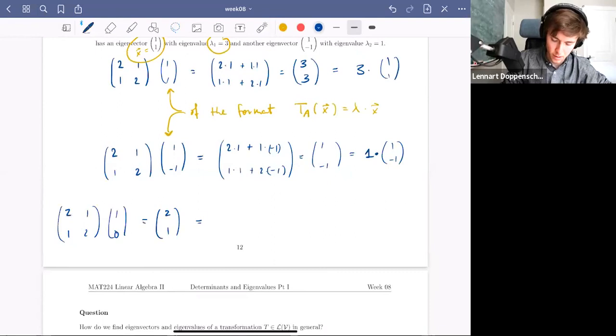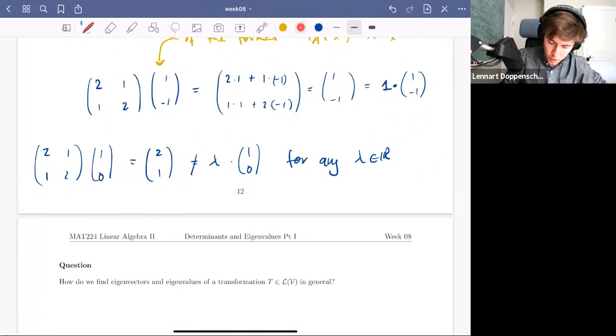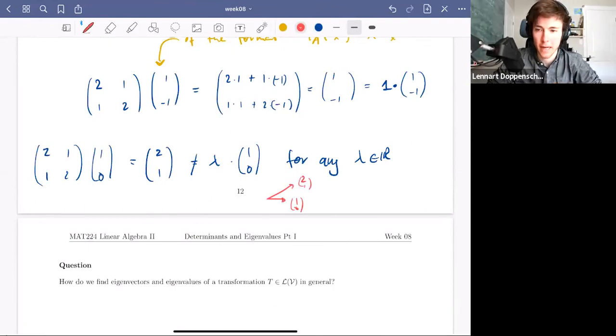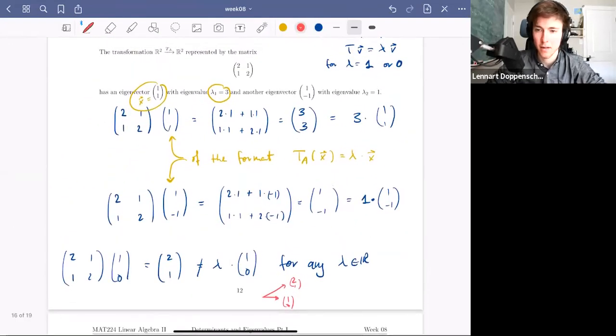And this is not equal to lambda times (1, 0) for any lambda in R. There's no way that (2, 1), pointing in this direction, and (1, 0) in R2, can be obtained from one another by scaling. There's just no way. So these vectors that I presented above are actually special. They're different from most other vectors.